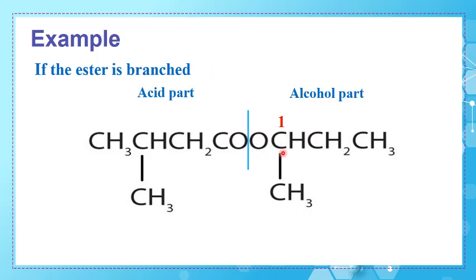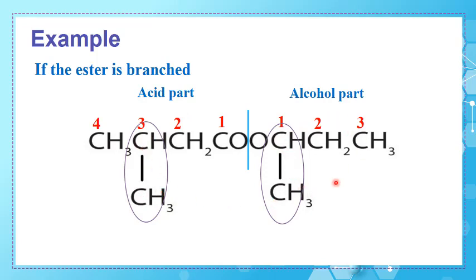So here carbon 1, here is carbon 2, and here is carbon 3. For the acid part, here is carbon 1, 2, 3, and 4. Now the branch in the alcohol part is methyl connected to carbon number 1. And the branch in the acid part is also methyl connected to carbon number 3. What would be the name?